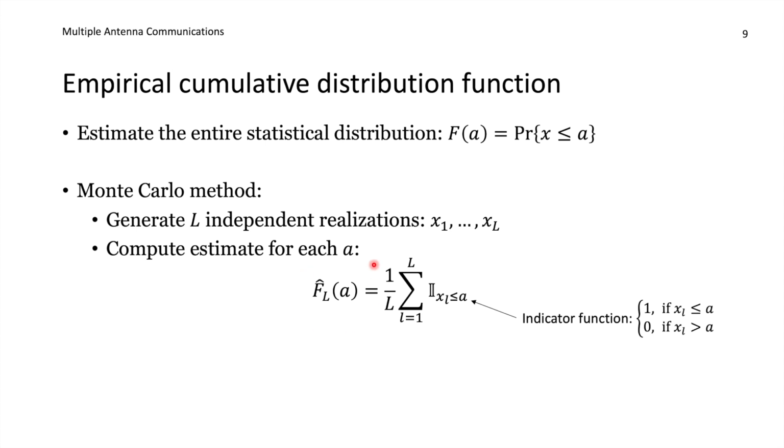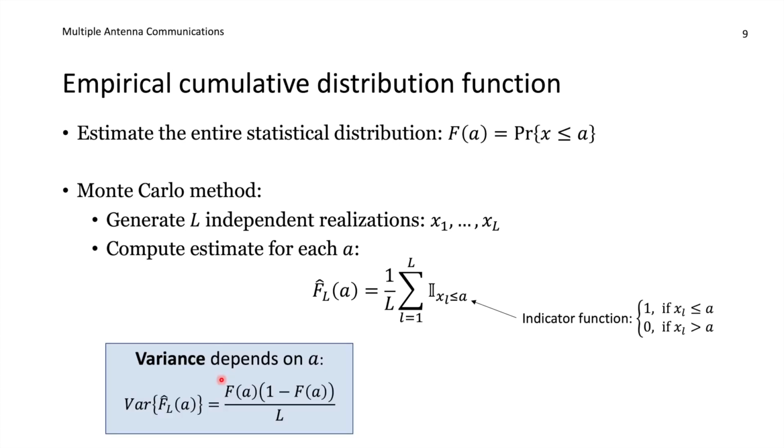For each point on this empirical cumulative distribution function, we will have a deviation from the true cumulative distribution function. The variance can be computed based on the fact that the indicator function here is taking each realization and turn it into a realization of a Bernoulli random variable, because we are producing 1 or 0.